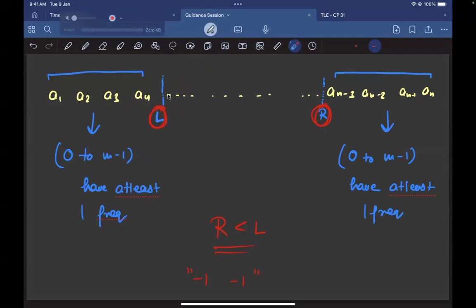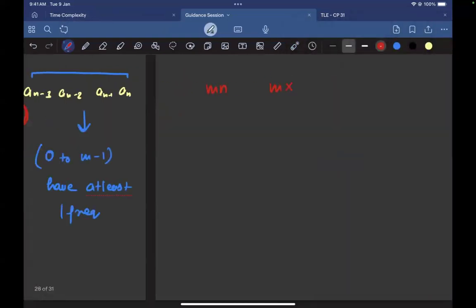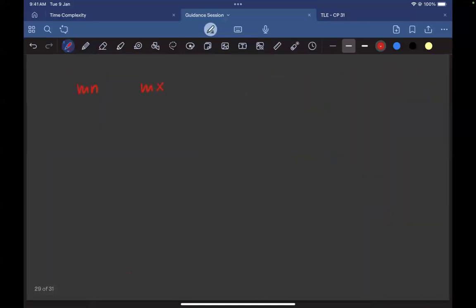Now, let's say you have figured out till here, this is L, this is R. Now tell me, what is the minimum answer and what is the maximum answer? What is an answer going to look like? An answer looks like sum till L minus middle portion plus sum till R. Is that right?